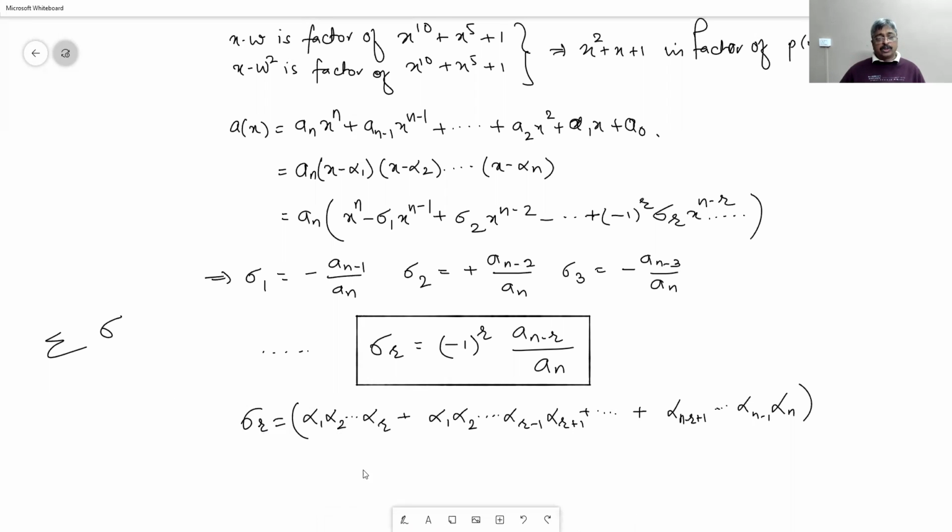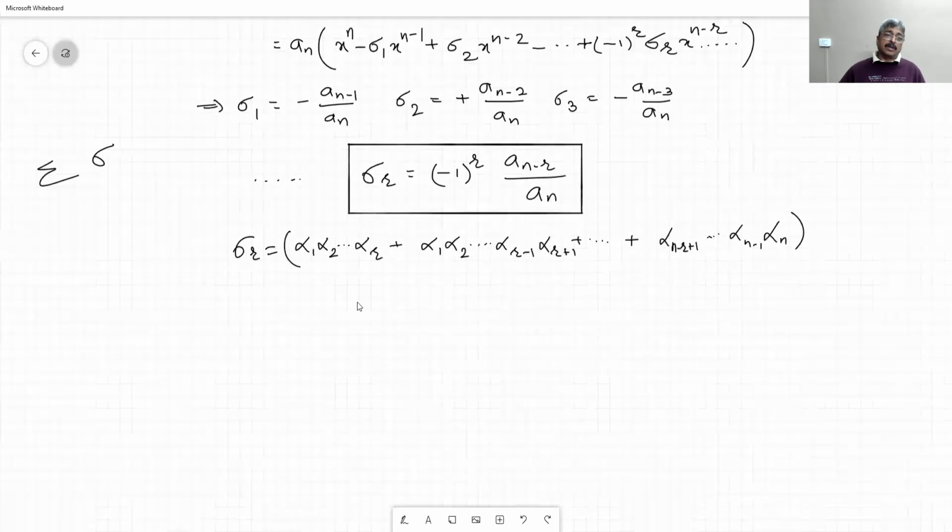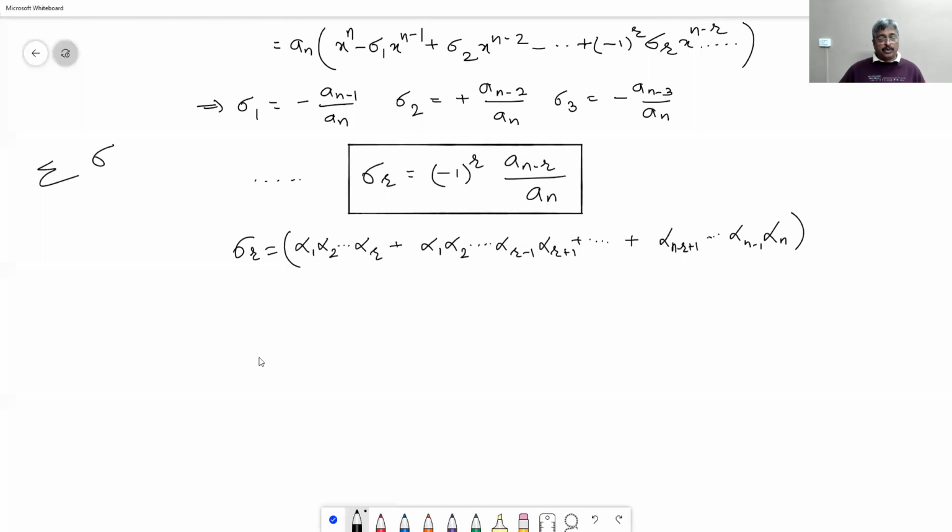Okay. So just to explain numerically, suppose we have p of x is equal to 2x^4 plus 7x cube minus 8x square plus 11x plus 2.